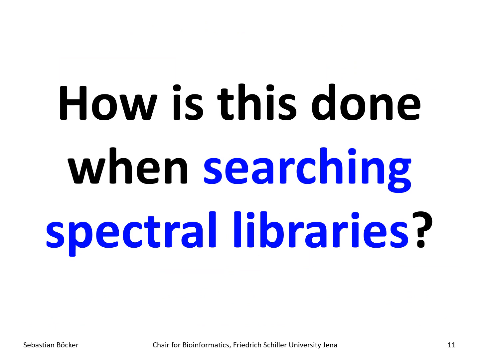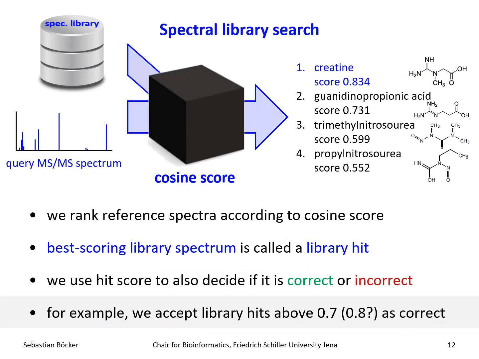So how do we do that when we do spectral library searching? The basic setup is pretty much identical. I mean, we replace this large molecular structure database by a much smaller spectral library, and then our search engine is simply the cosine score, and we again rank all those candidates according to this cosine score.